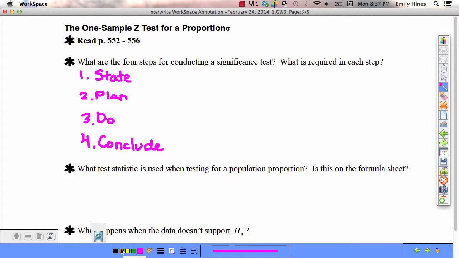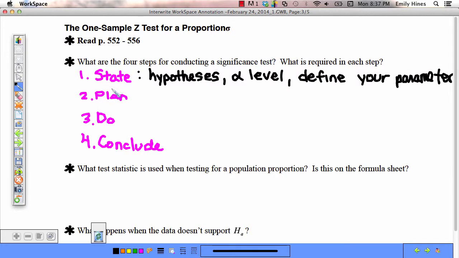Okay, in state, you need to do your hypotheses, determine your alpha level, and define your parameter. In plan, choose your method.